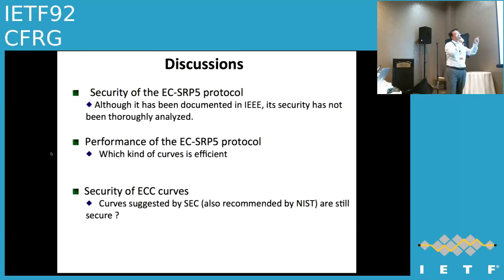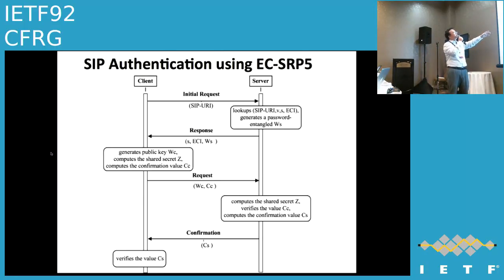Because ECSRP5 is a generic protocol and its message exchange is not like this, we adapt the message exchange to the SIP procedure, because SIP is the fact. We cannot change the SIP authentication procedures. So any PAKE protocol that has the same flow of messages could be used in place? Maybe, but I cannot be sure.